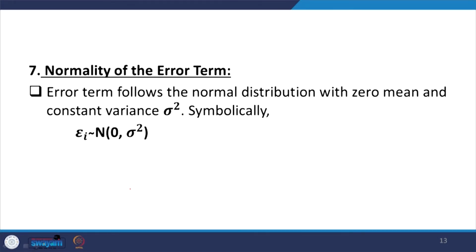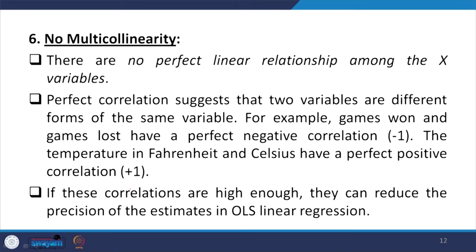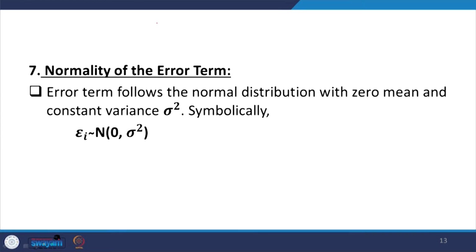Now, coming to the seventh most important assumption, normality of the error term. We are going to explain multicollinearity and heteroscedasticity in the data with the help of an experiment with real example data.